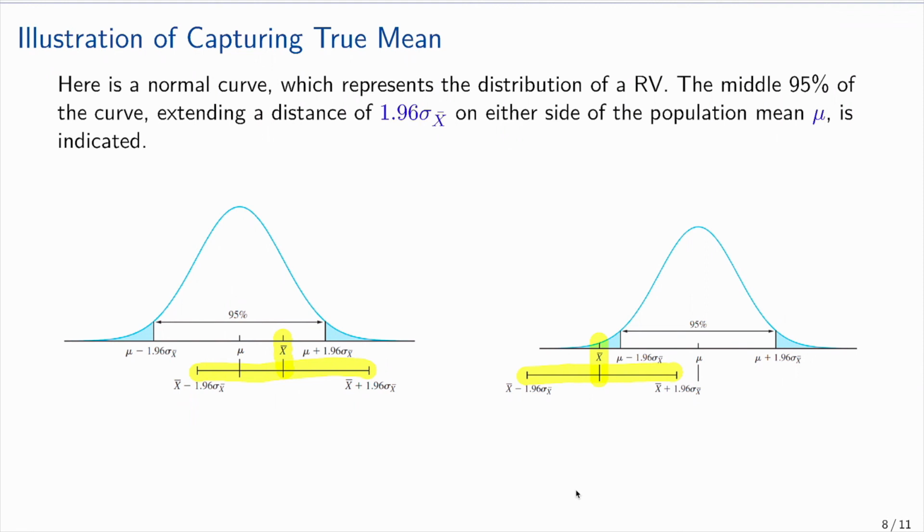On the left hand side, we see that x lies within the middle 95% of the population distribution, while in this unusual case x lies outside of the 95% of the population distribution, and therefore it fails to cover the true population mean.